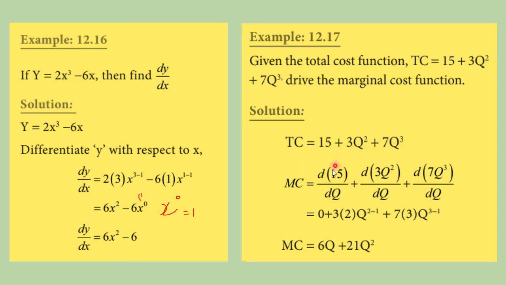If it were r, we would change accordingly. So marginal cost is equal to differentiate 15 with respect to q plus differentiate 3q square with respect to q plus differentiate 7q cube with respect to q.